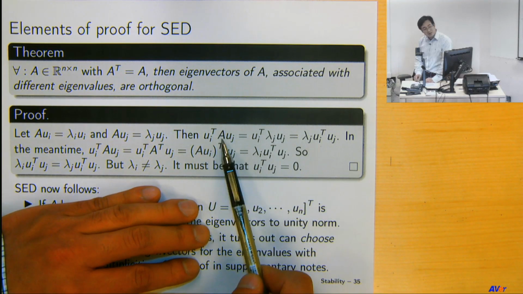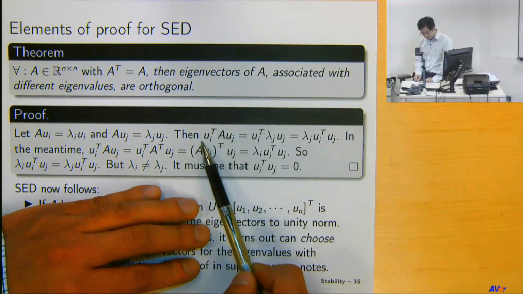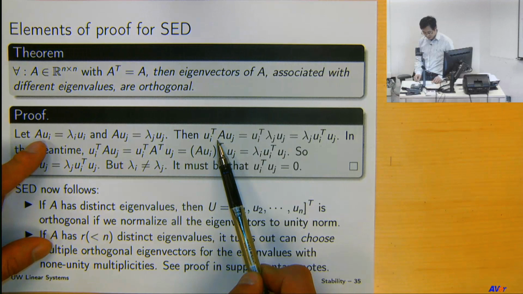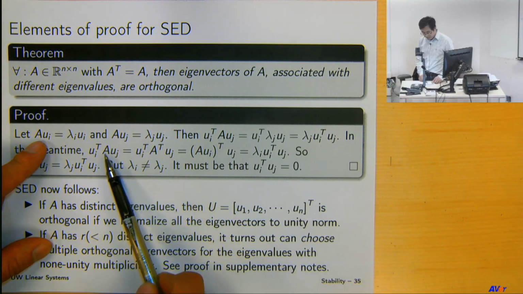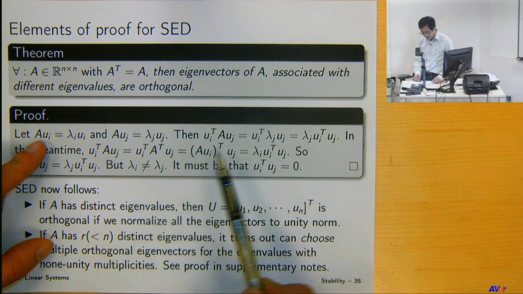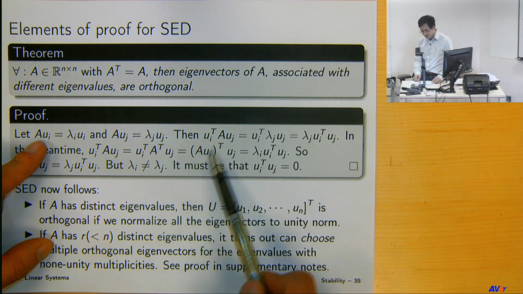Now, because A is A transpose, right? So it equals A transpose. Then you can see that this part can also create an eigenvalue-eigenvector pair. More specifically, replace A with A transpose because of the symmetric property. And then the first two components are A ui transpose.